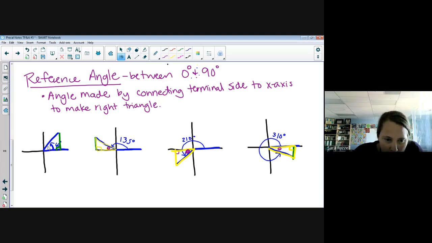Oh, I forgot to label theta in the first one. That's theta. So the reference angles are these thetas that we want to figure out. We want to figure out if we drew this triangle, what would that angle be in that little wedge, either here, here, here, or here, depending upon which quadrant we're in.